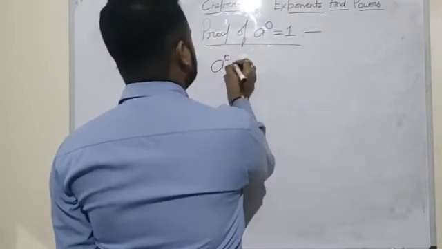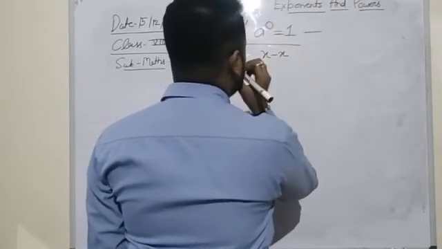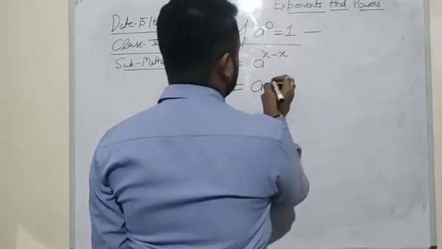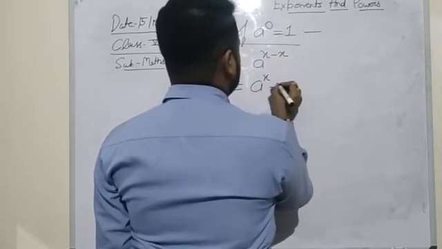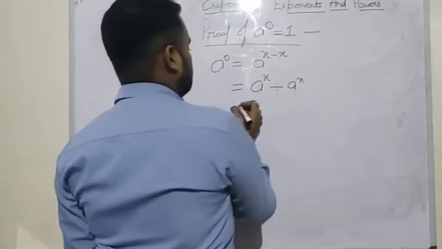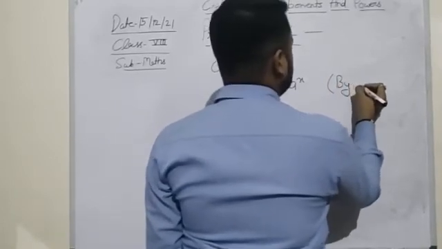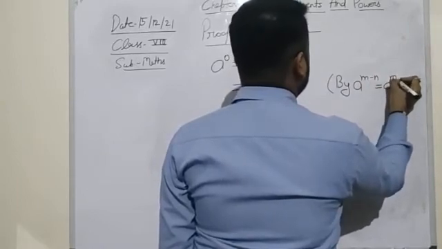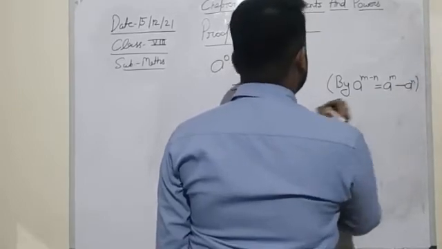So a to the power 0 can be written as a to the power x minus x, and this a to the power x minus x can be written as a to the power x divided by a to the power x, by the law a to the power m minus n is equal to a to the power m divided by a to the power n.